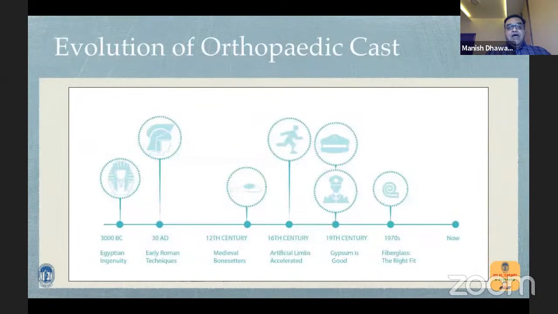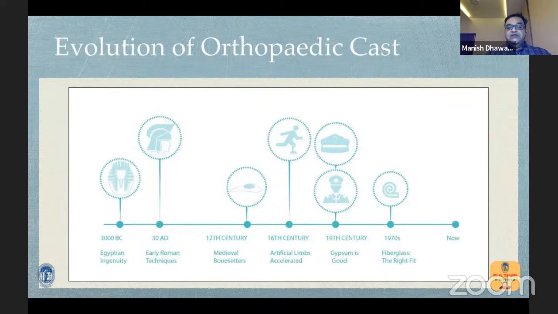Now, if you see this chart of the evolution, casting has been practiced from Egyptian times, like 3000 BC, when they used to soak cloth during the mummification process to cover the mummy with resins and some materials. Then the technique matured slightly in the Roman period. Then in the medieval period, a lot of bone setters used to do it.